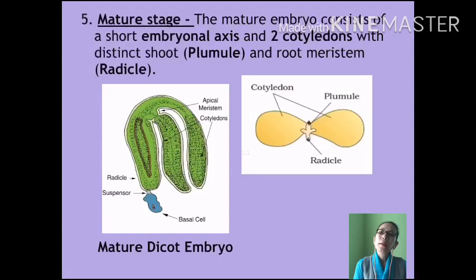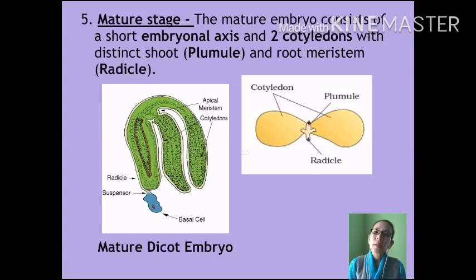And finally, the last stage is the mature embryo stage. Now, in the mature embryo stage, the cotyledons have grown sufficiently long enough that they are going to be showing a bend in order to be fitting themselves inside the seed.